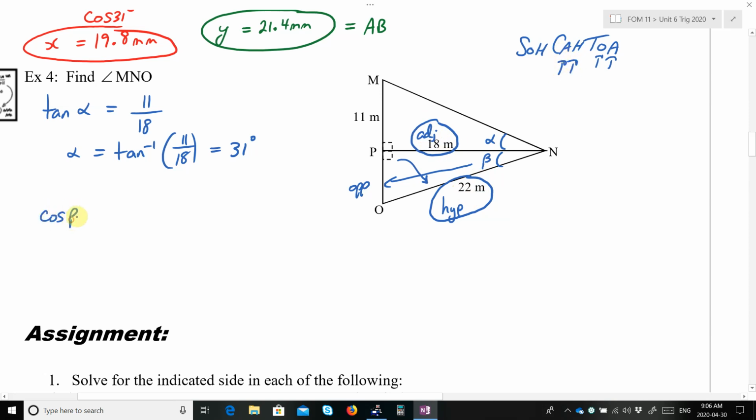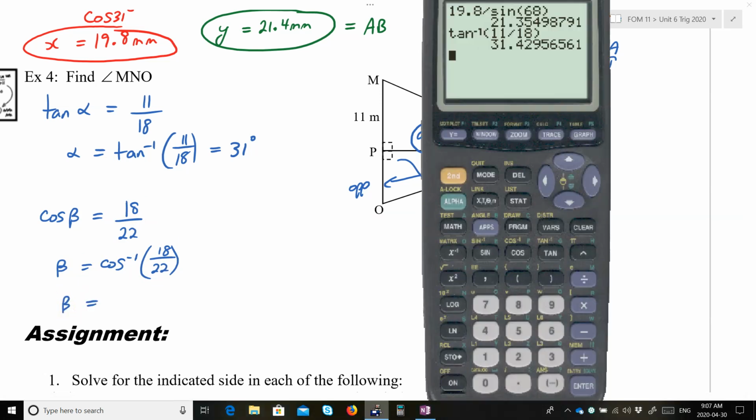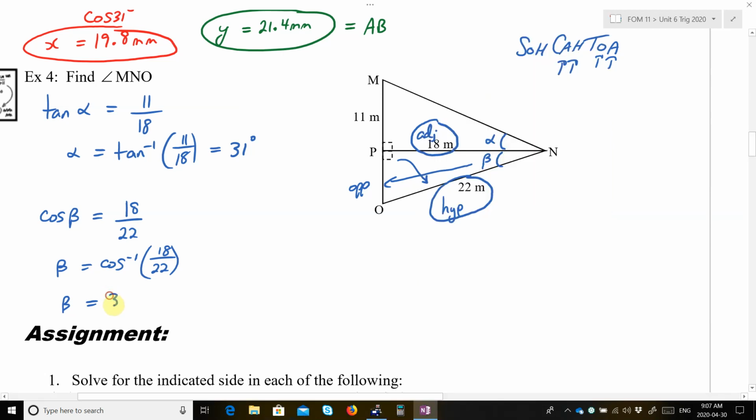So I would go cos of beta is equal to, the adjacent is 18 and the hypotenuse is 22. So beta is equal to cos inverse of 18 over 22. So I would go shift cos 18 over 22, bang, about 35 degrees.